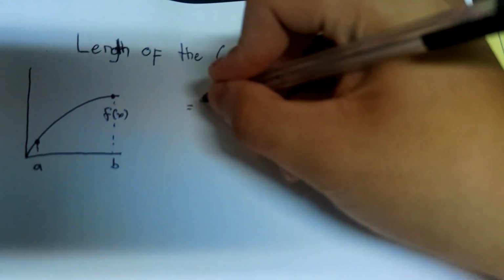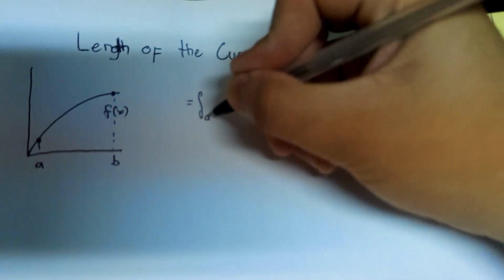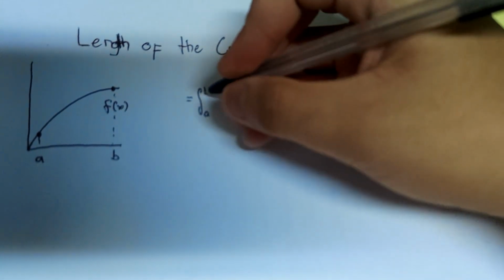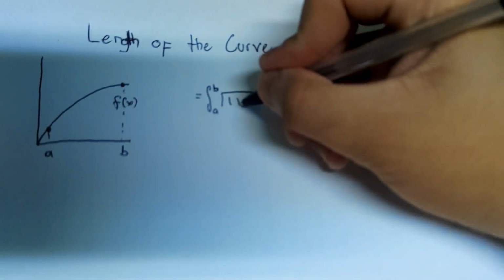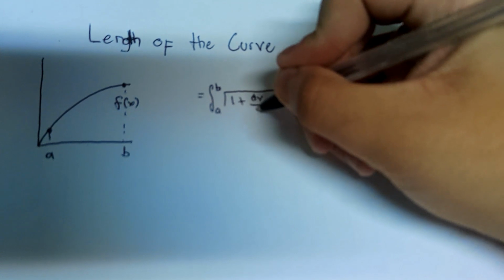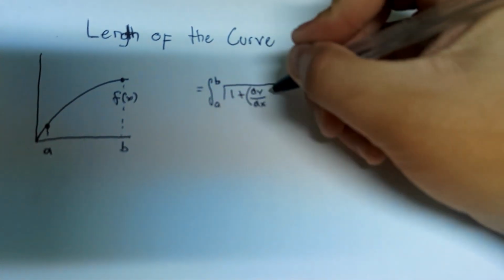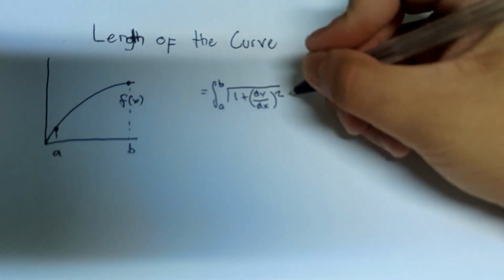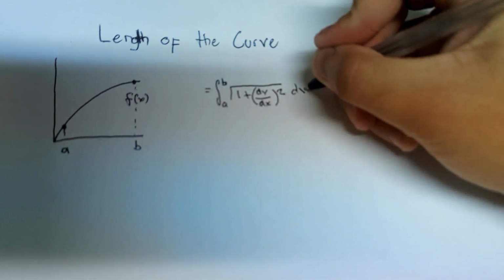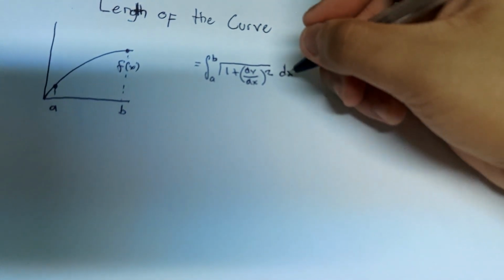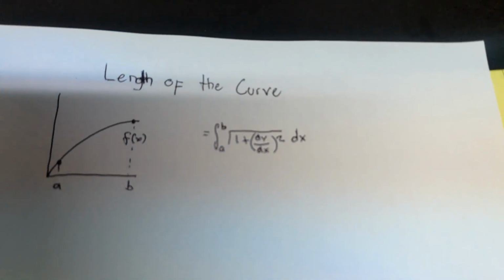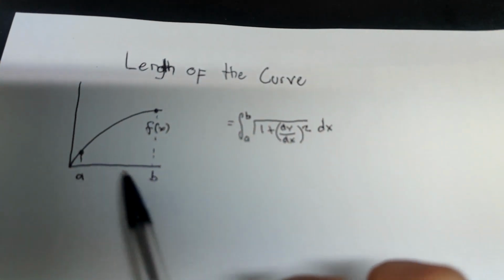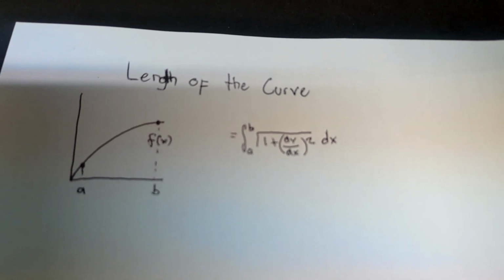This equals the integral with limits a to b of the square root of 1 plus (dy over dx) squared, with respect to x. This formula is for finding a to b for dx.